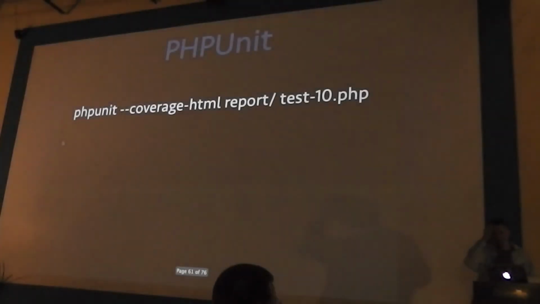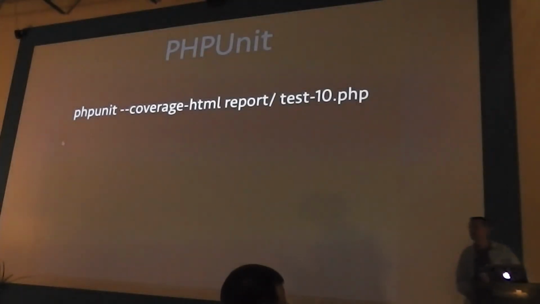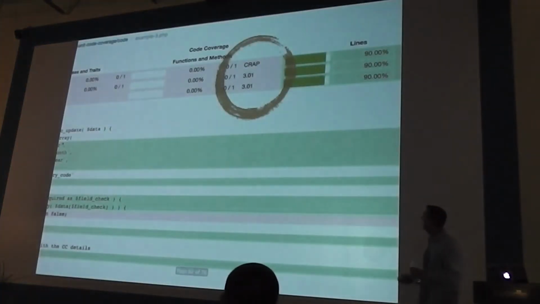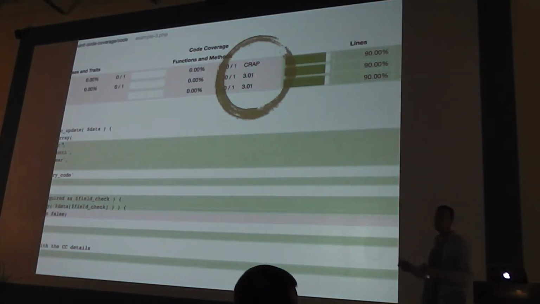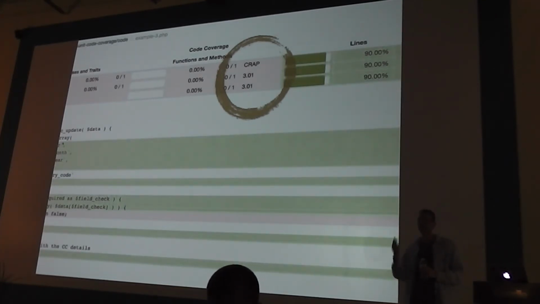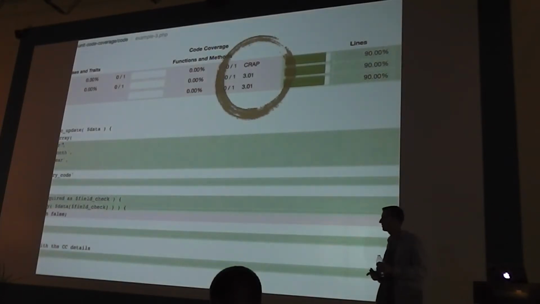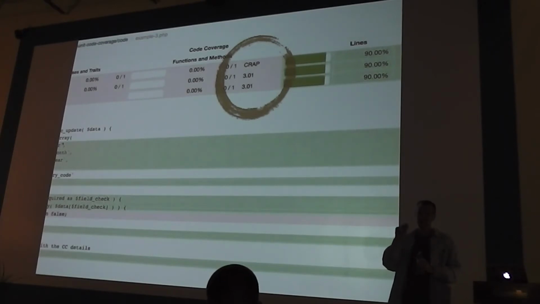So if we run this, again, to generate a coverage report, we get our crap score all the way down to 3. And we're at 90%. So compared to 25, we've made a huge difference, and we did that in 2 ways. We increased the code coverage for our unit tests by executing more lines of code, and we refactored it to make the logic of that method simpler.